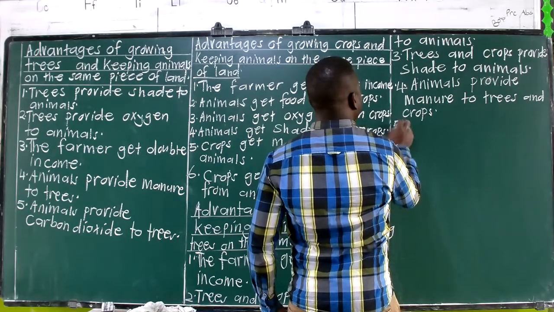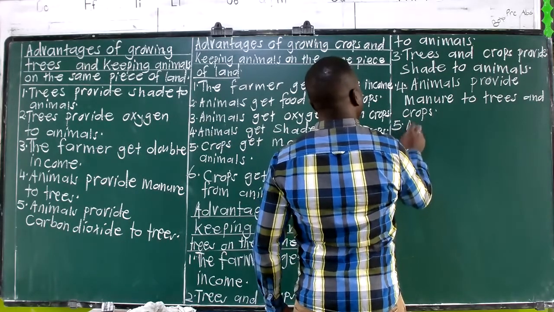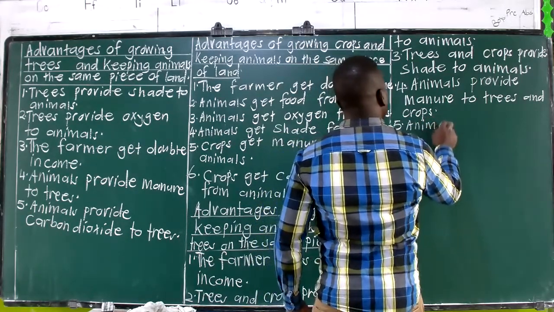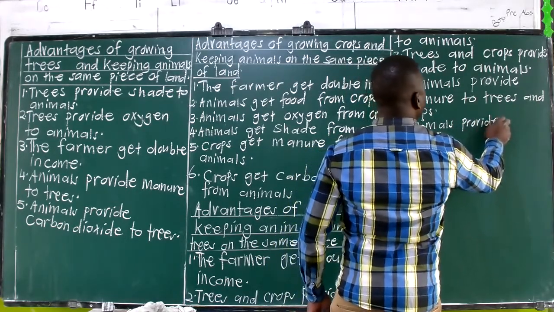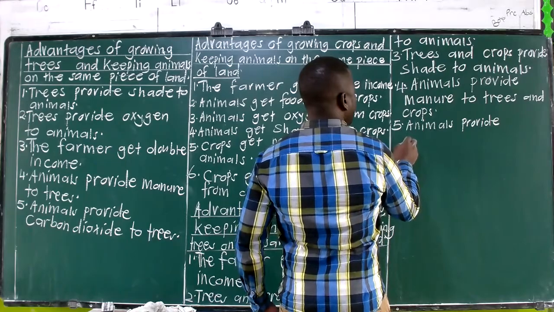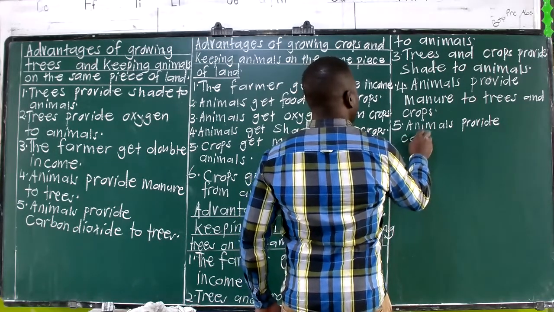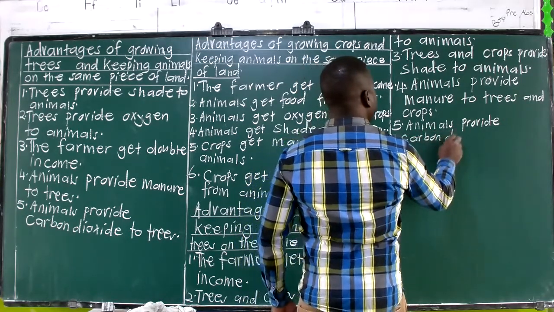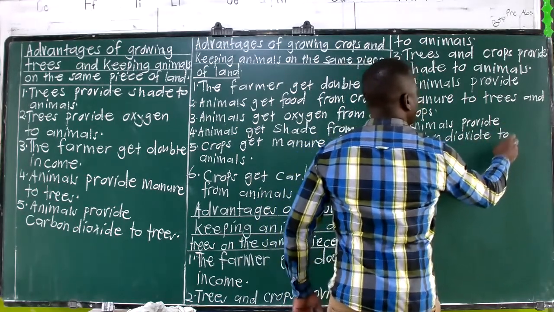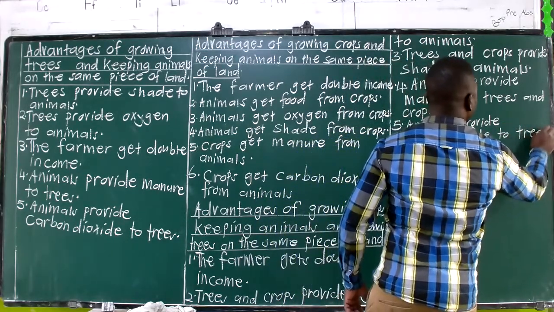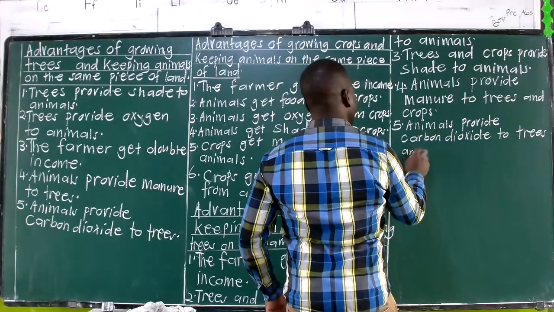Then number five, animals provide carbon dioxide to trees and crops.